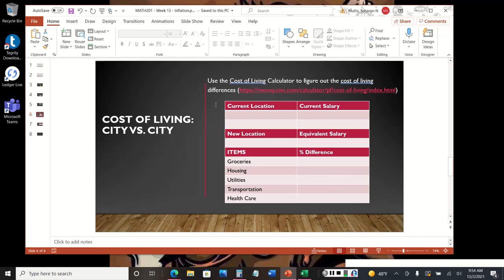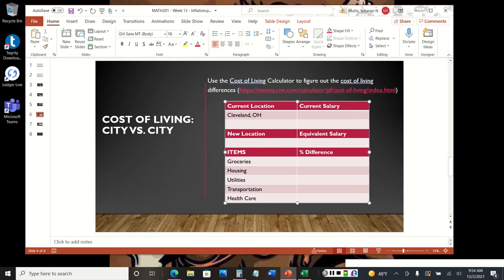You can use this example. You say you're in your current location. So we're going to use Cleveland, Ohio, and we're going to say that your current salary is $50,000. If you want to move to another city, this is a good way to find out if your money is going to purchase the same amount of things.